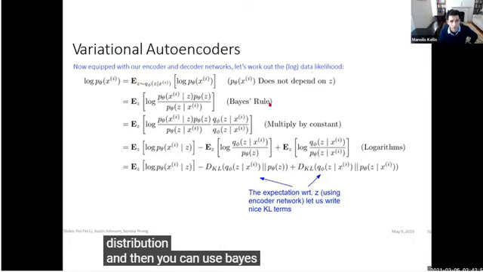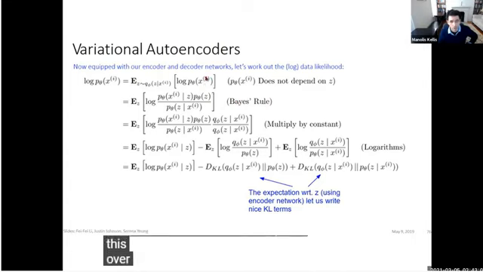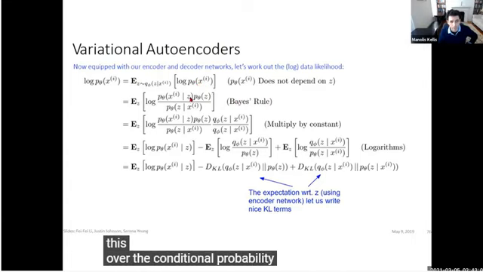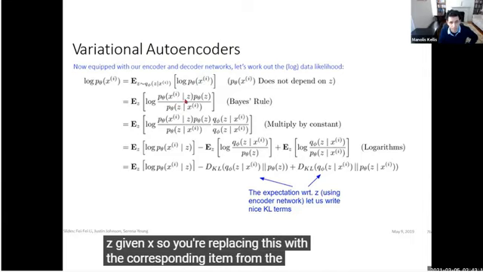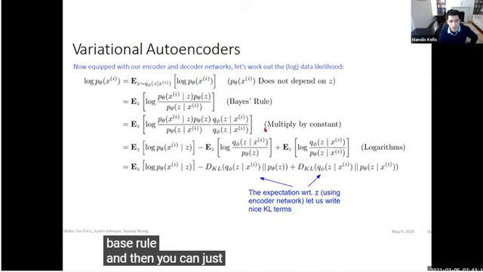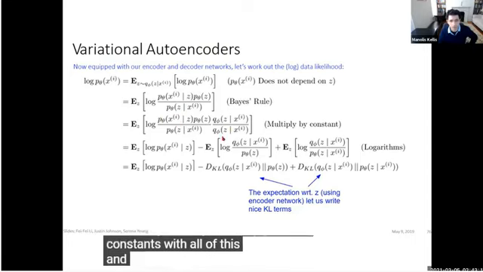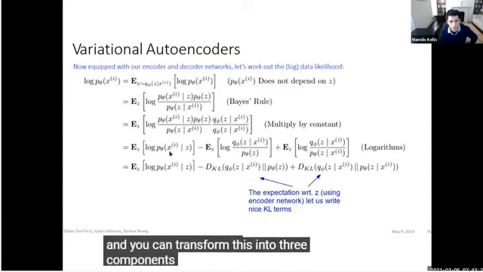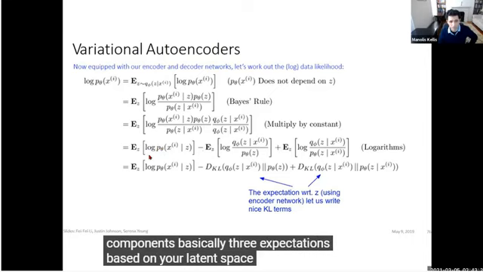And then you can use Bayes' rule, as we had seen before, to express this over the conditional probability: P of X given Z times P of Z divided by P of Z given X. So you're replacing this with the corresponding item from Bayes' rule. And then you can just multiply out the constants with all of this, and you can transform this into three components, basically three expectations based on your latent space.